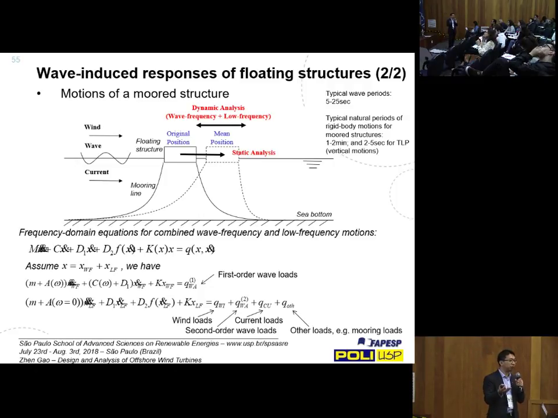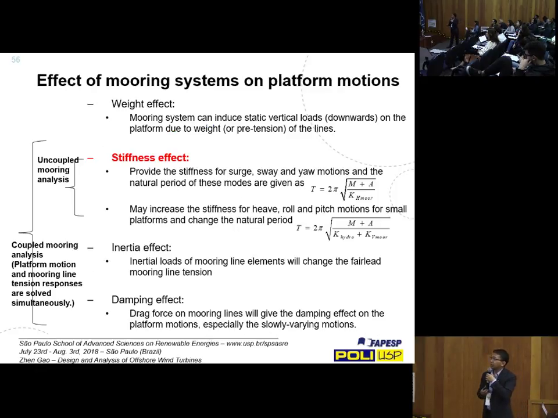For example, like a bottom fixed structure, you would have first order wave loads on the structure, which are converted into the loads in the support structure. Here we allow the wave-induced rigid body motions, and mainly restrict the mean offset and the slowly varying motions. And here I am just showing some of the basic effects of the mooring system on motions.